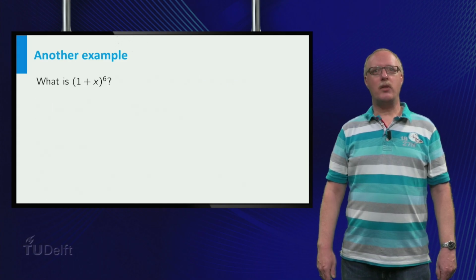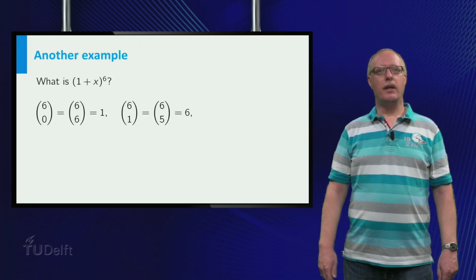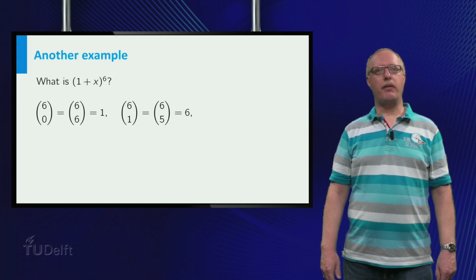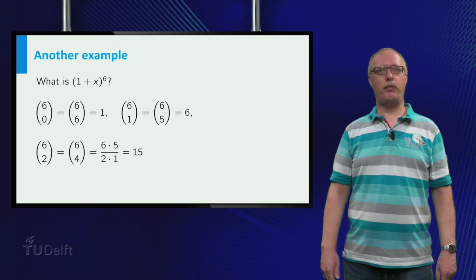Another example is, what is (1+x)^6? 6 choose 0 and 6 choose 6 both equal 1. 6 choose 1 and 6 choose 5 both equal 6. 6 choose 2 and 6 choose 4 both equal 6 times 5 divided by 2 times 1, which equals 15.